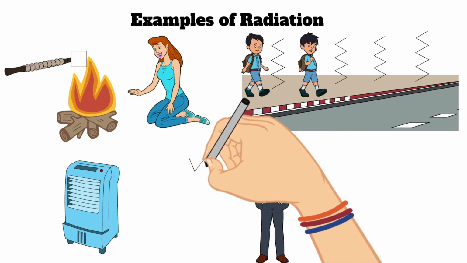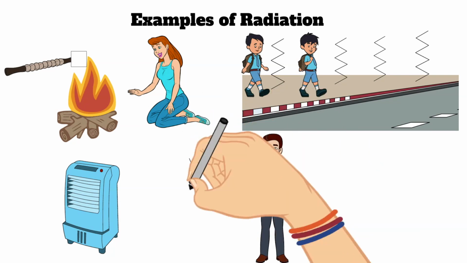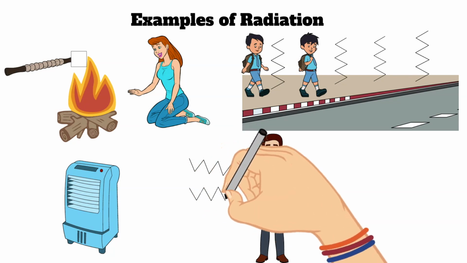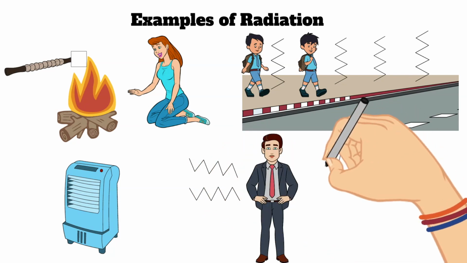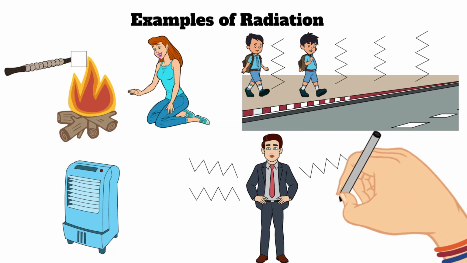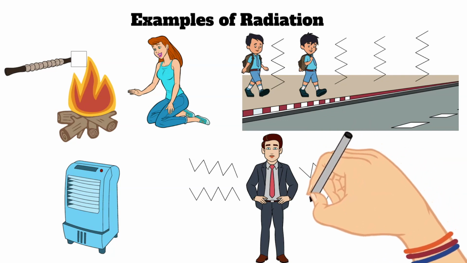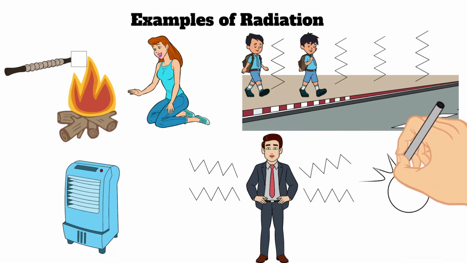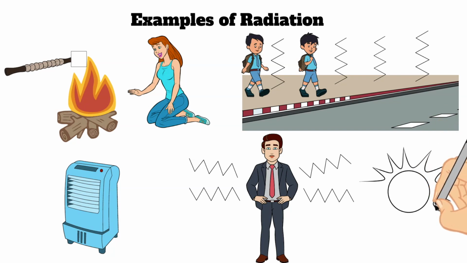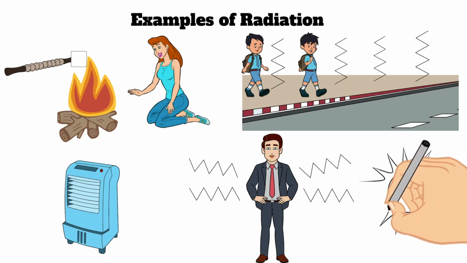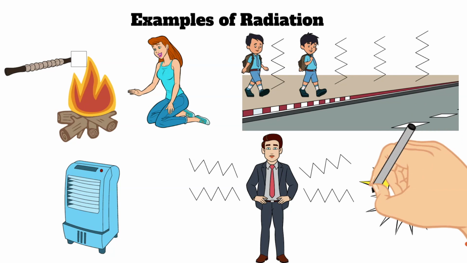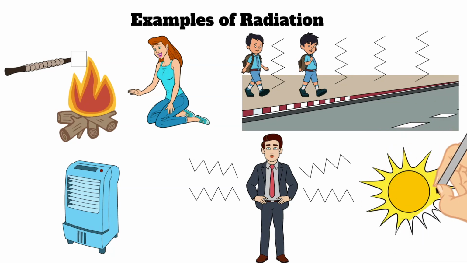Heat created by the body can also be radiant energy. And the sun produces radiation as well. The heat from the sun travels through open space or empty space and heats the earth.